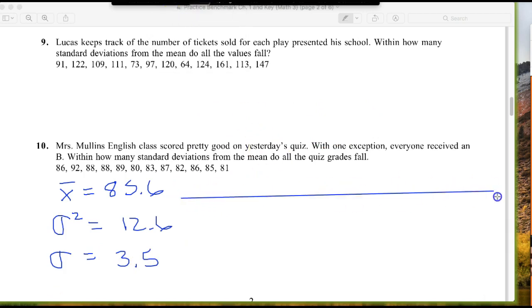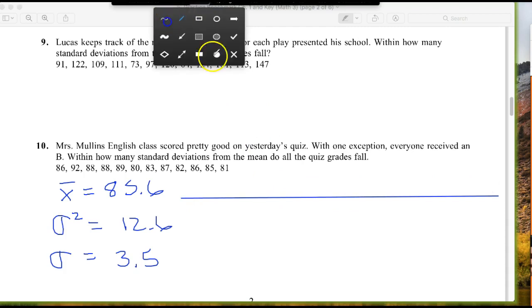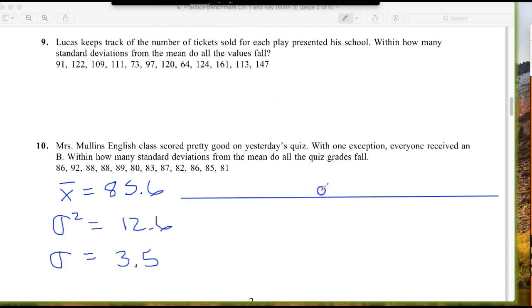If we make a line, I'm thinking this is going to be grouped pretty closely together. 85.6 is my mean, and one standard deviation up, 85.6 plus 3.5, I get 89.1, and then I'm going to have to do one more because I already know I have a value higher than that. 89.1 plus 3.5 gives me 92.6.